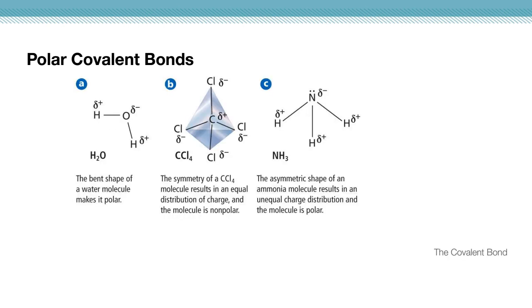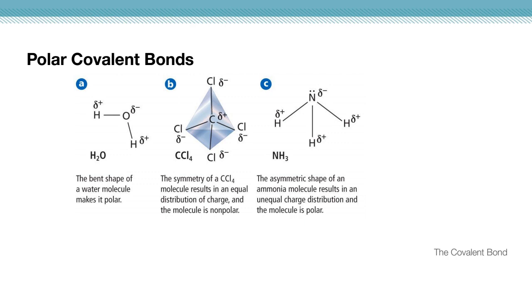These are just another 3 common examples. 2 of them we just saw of things that are polar and nonpolar. Water is going to be extremely polar, which is why it dissolves so many things. It's a great solvent because it has such a positive and negative side that positive and negative side can kind of pull at the positive and negative side of any other substance that tries to dissolve in it.